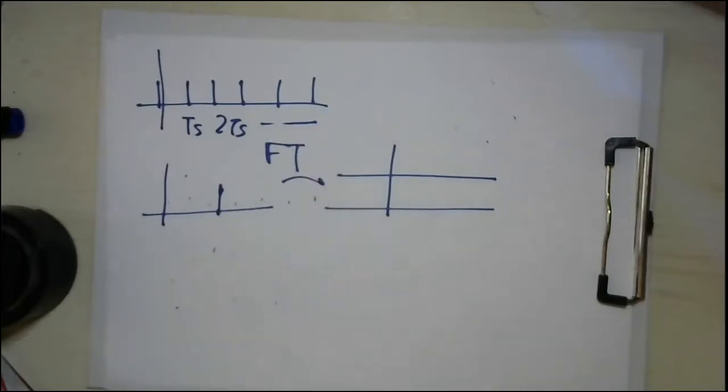And as far as we know from our Fourier properties, periodicity in one domain causes discreteness in the other domain. Again, periodicity in one domain causes discreteness in the other domain.